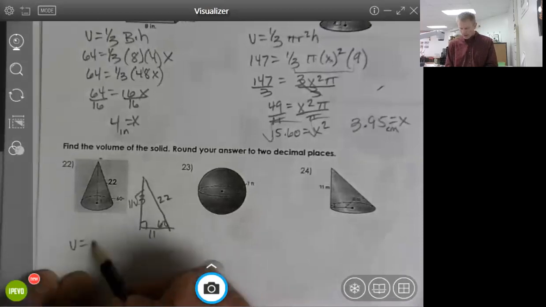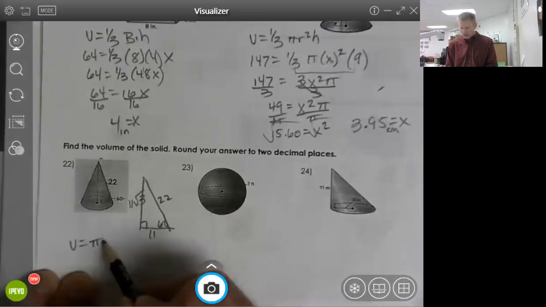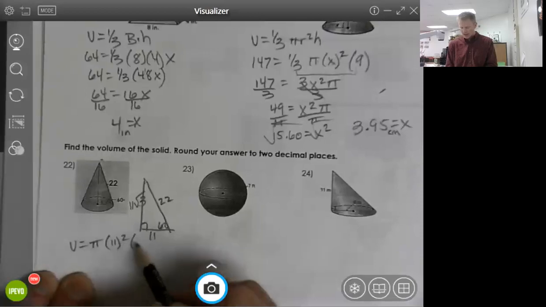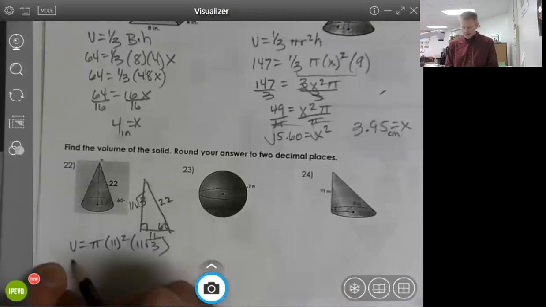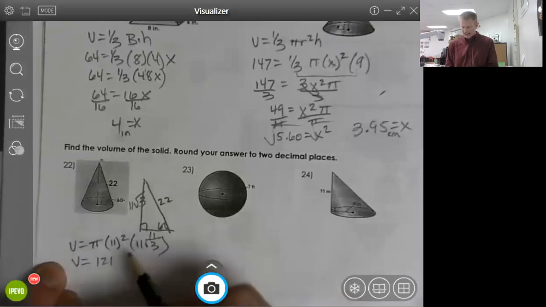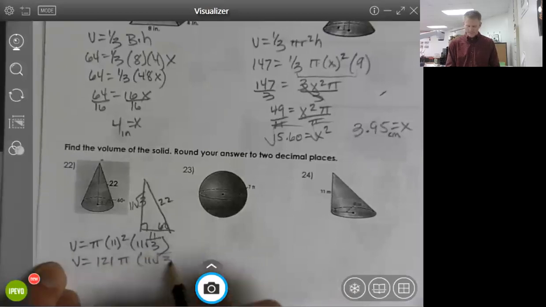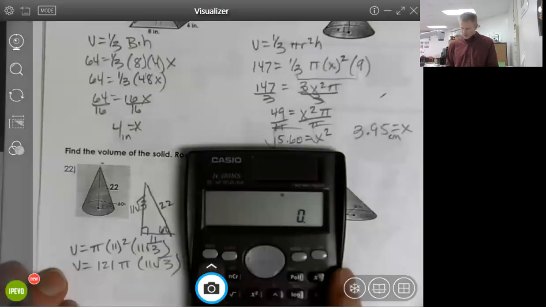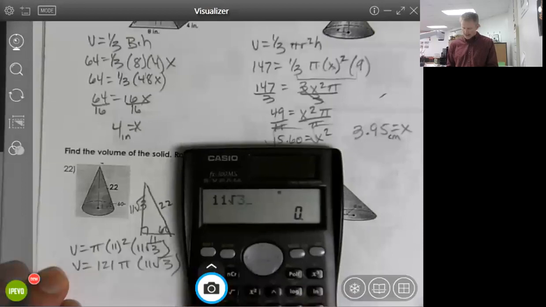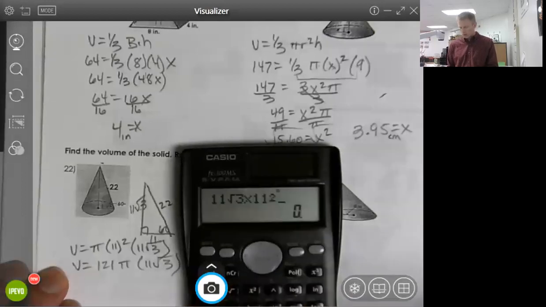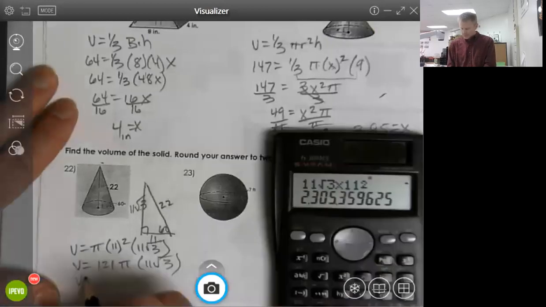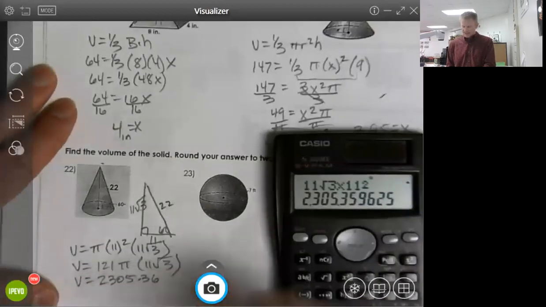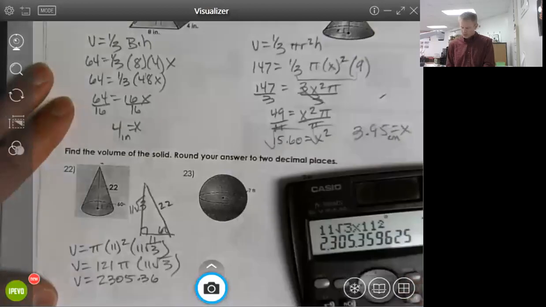So now my volume is pi r squared, which is 11 squared, times the height, 11 root 3. So we have 121 pi times 11 root 3. 11 root 3 times our 11 squared, which is 121. That comes up to be 2,305.36, rounded to 2 decimal spots.